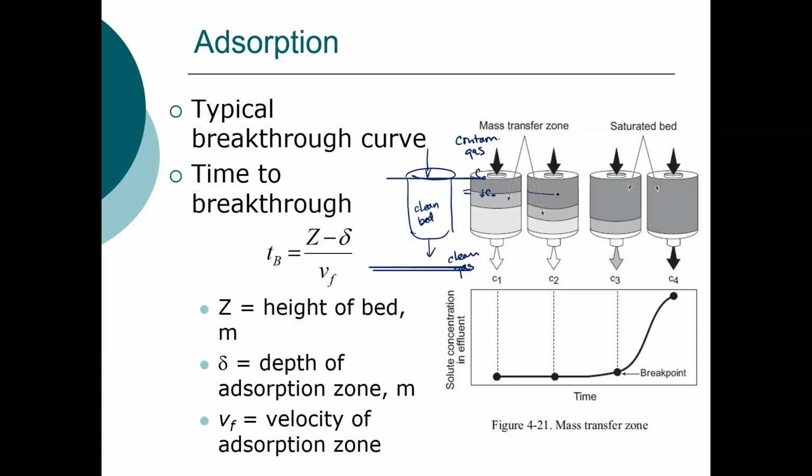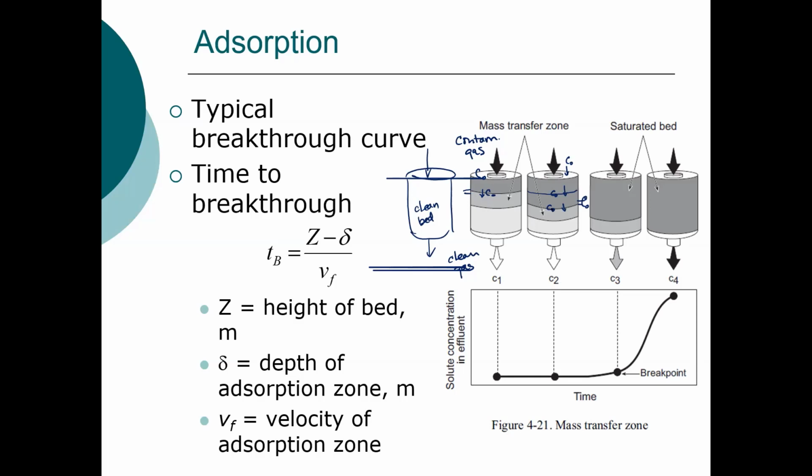And so this has now moved down further. And now if we measure here, the concentration is equal to C naught. So we have C naught here, we have C naught here, and we have C naught as it moves down. That gas moves down the column, or what we call the adsorption front moves down the column.